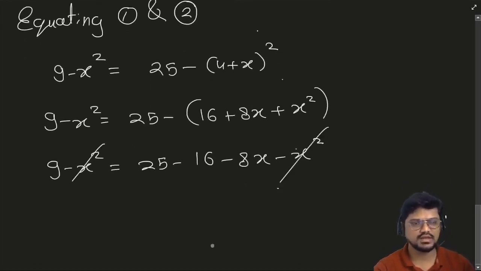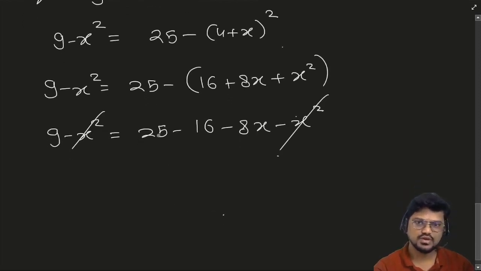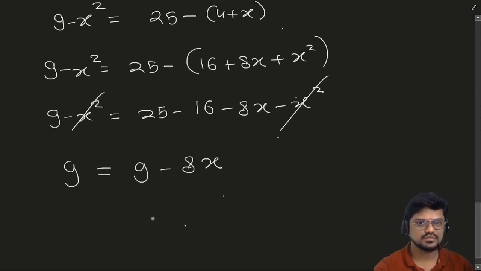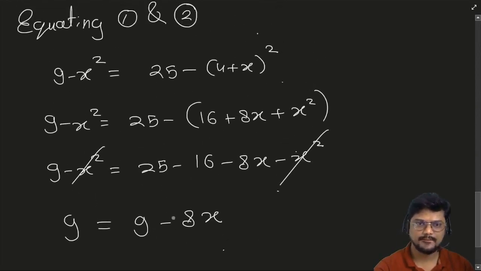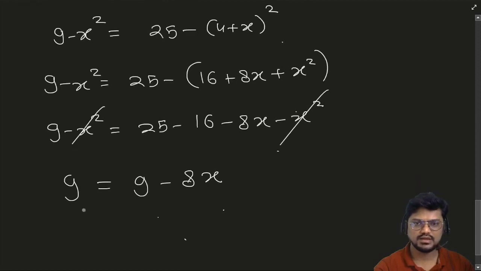This minus x square and minus x square will get cancelled. 9 is equal to 25 minus 16, is how much? 9 minus 8x. So 9 minus, oh, it's coming as 0.